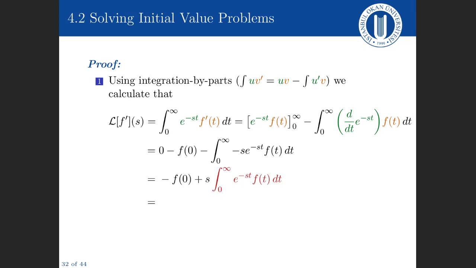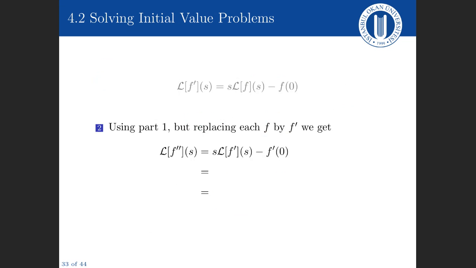Or minus f of 0 plus s multiplied by the integral from 0 to infinity e to the minus st f of t dt. But this red integral, we know what this is. This red integral is just the Laplace transform of small f. So we can prove the first formula.